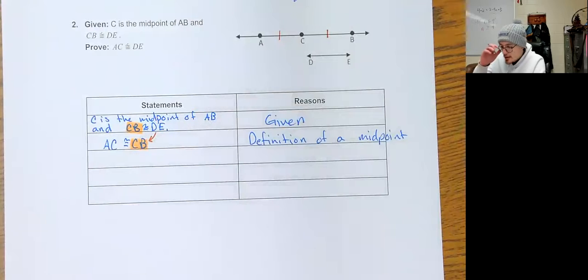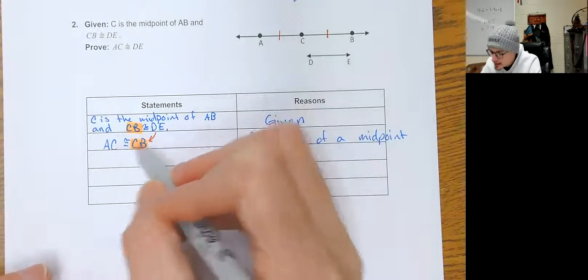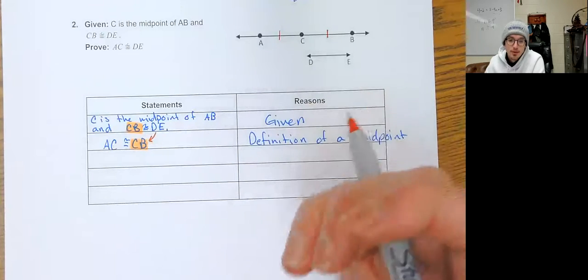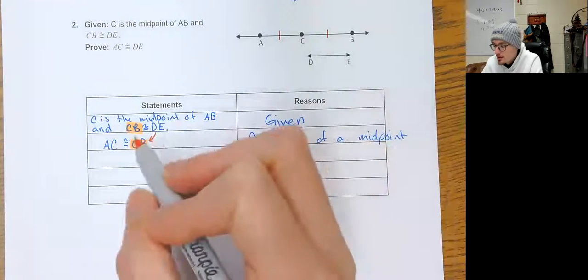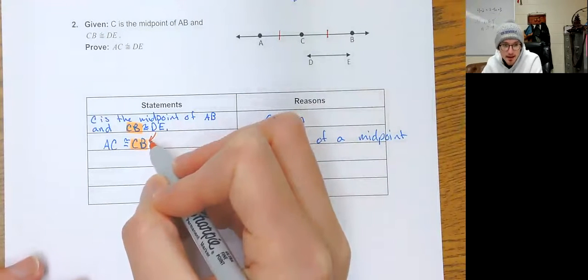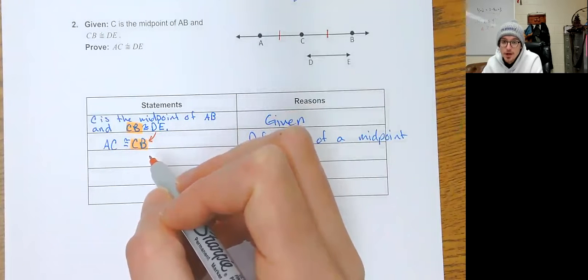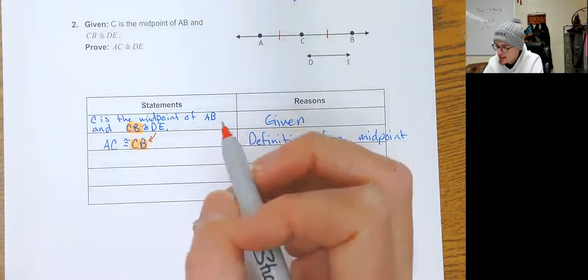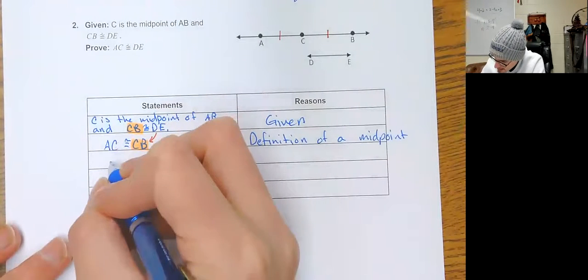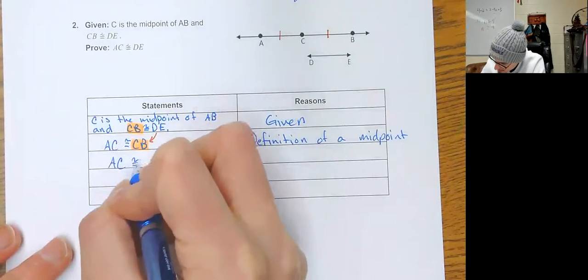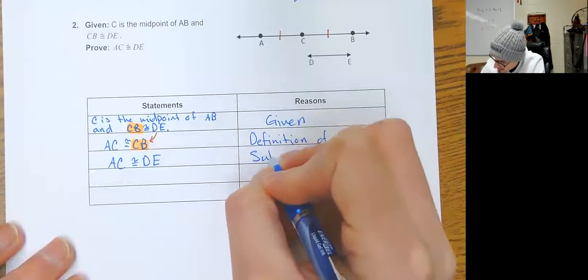Now there's also, if you've learned the transitive property, that if AC is congruent to CB and CB is congruent to DE, then AC is congruent to DE. Transitive property totally works. I've not yet gone over that with my students. I've gone over substitution with them, and you are allowed to substitute in a value that is either equal to or congruent to the value you're trying to plug it in for. So I can substitute that in, and I would get AC is congruent to DE, and that would be substitution.